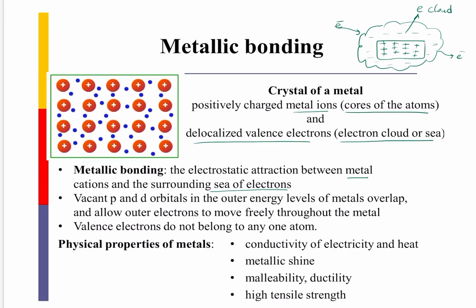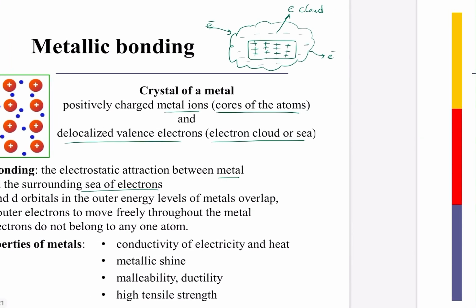Usually they have metallic shine, malleability and ductility, and high tensile strength. But as I mentioned, hardness or softness is not always the same. Some are soft, some are liquid like mercury, and some are hard like iron.